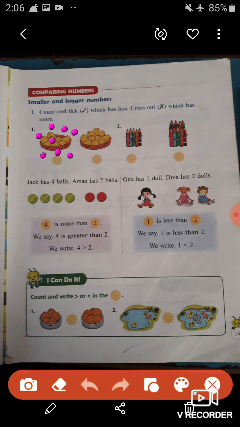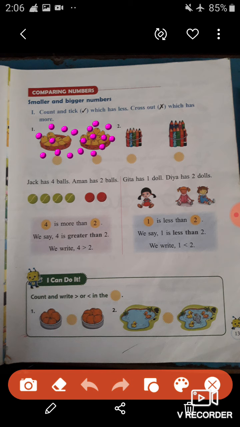So in the first there are 8 mangoes. Okay, and in the next, 1, 2, 3, 4, 5, 6, 7, 8, 9, 10. So students, there are 10 mangoes in the next basket.